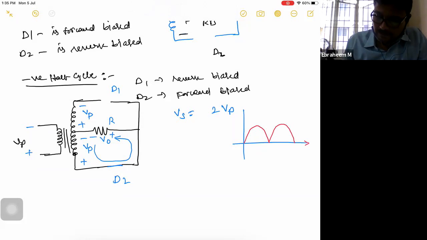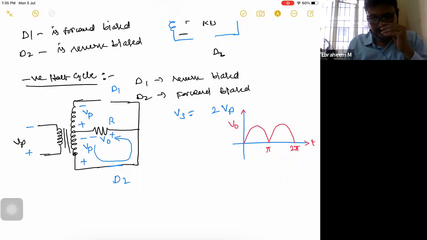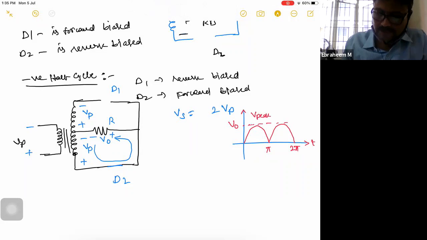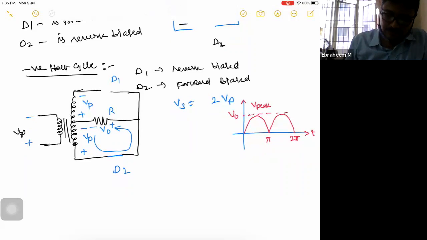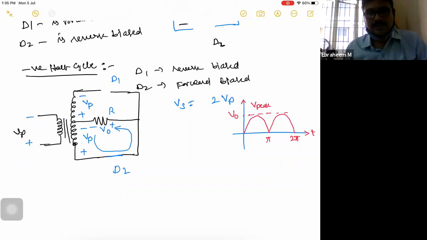So for the output voltage, this is pi and this is 2 pi, and this is Vmax, the peak voltage of the input supply. This is what happens in a full wave rectifier.